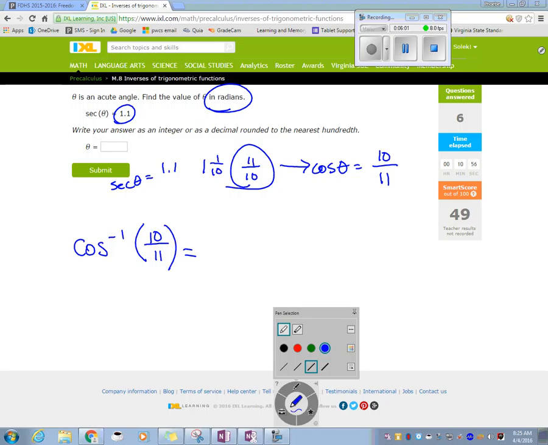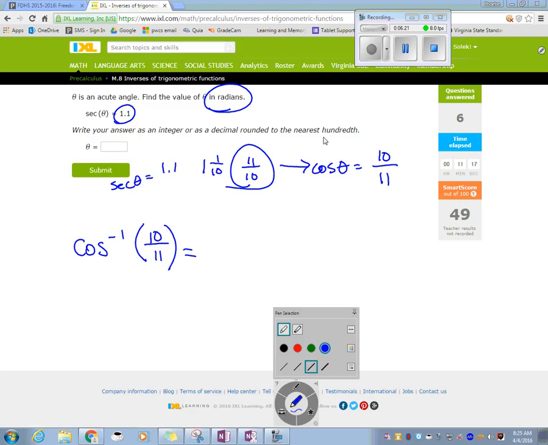And so the radian measure to the nearest hundredth is 0.43. And this may look funny because it doesn't have a pi in it, but the pi is already in there. So we could divide this by pi and write so many pi if we wanted to.